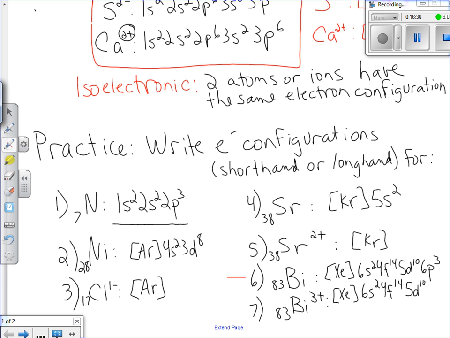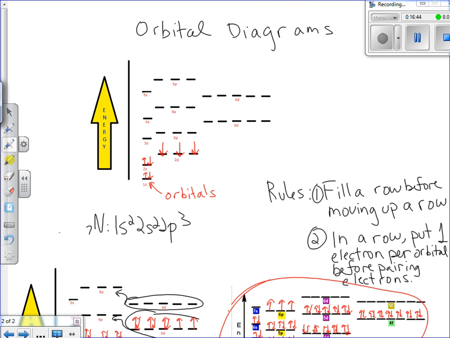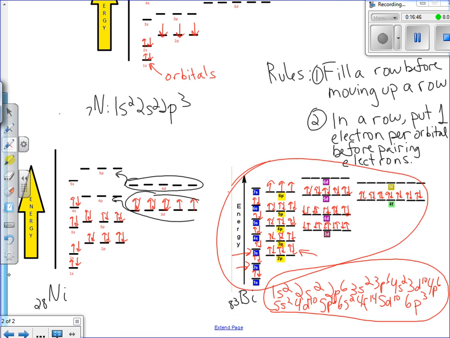It's this one right here. Notice it ends the same. 6s2, 4f14, 5d10, 6p3. Let's look over here. 6s2, 4f14, 5d10, 6p3. The orbital diagram and the electron configuration should give you the same results.